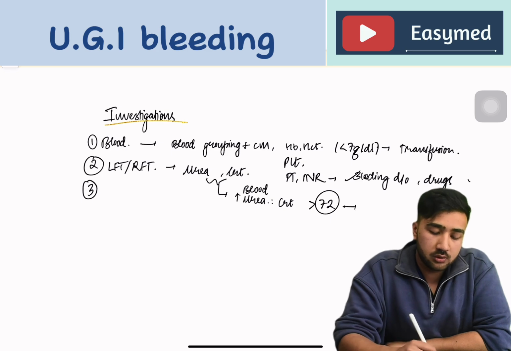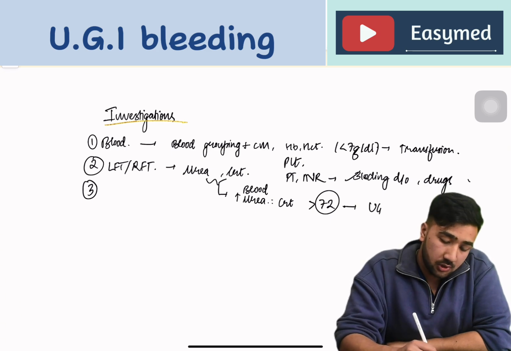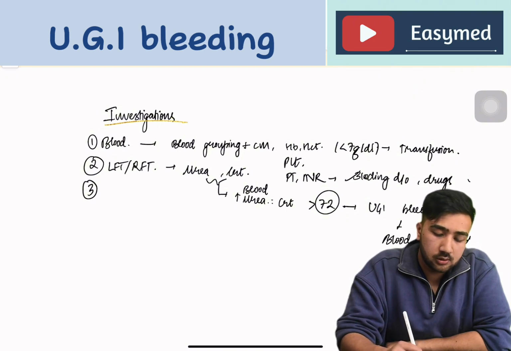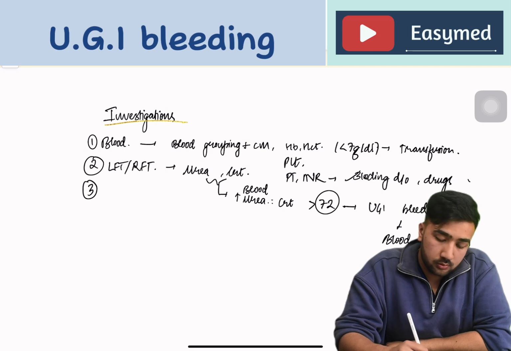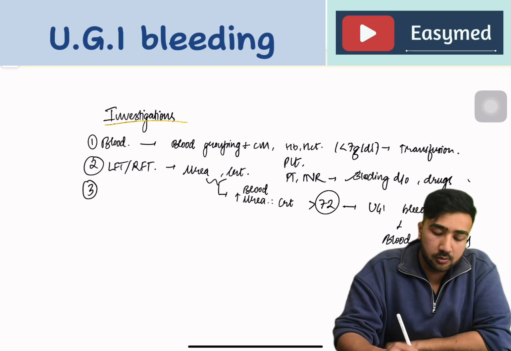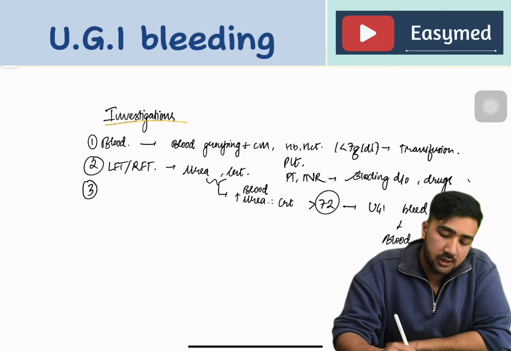Why does this happen? In case of UGI bleed, the blood is digested by the small intestine, and the proteins get absorbed from the blood, so urea is raised. It is an important concept.